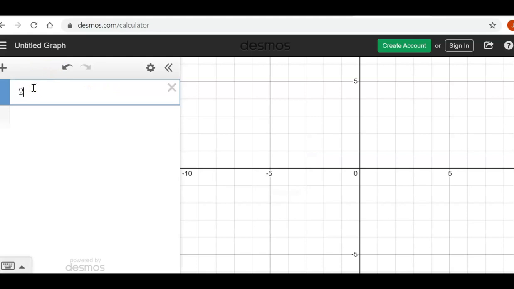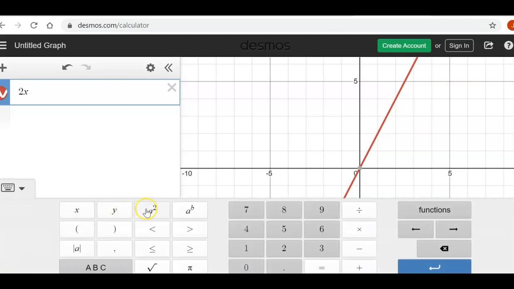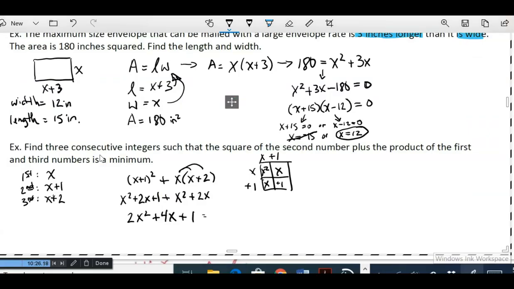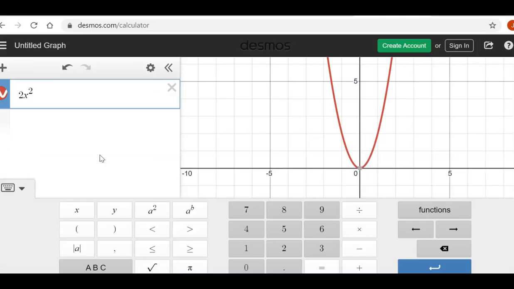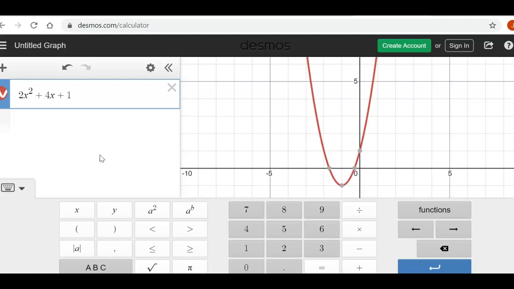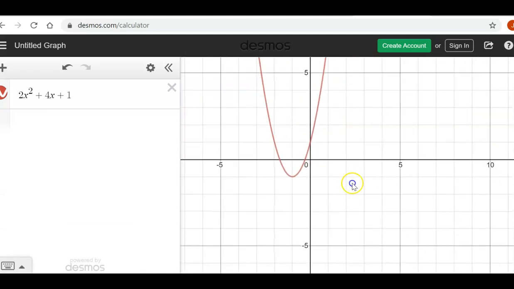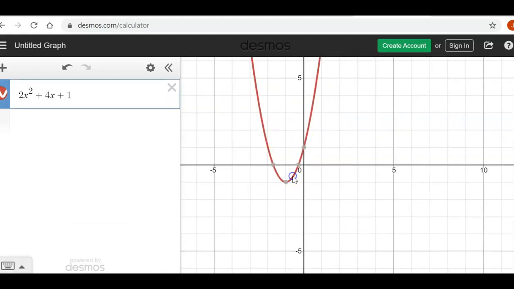So we put in 2x squared plus 4x plus 1. And the lowest point of this would be its minimum. And that would happen when x equals negative 1.